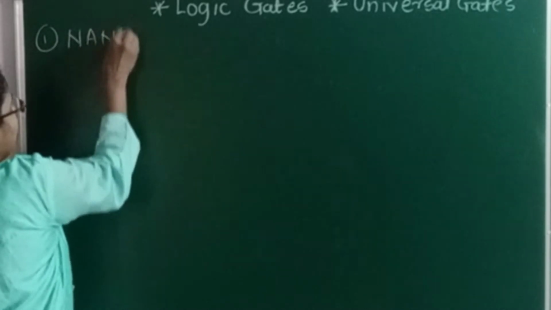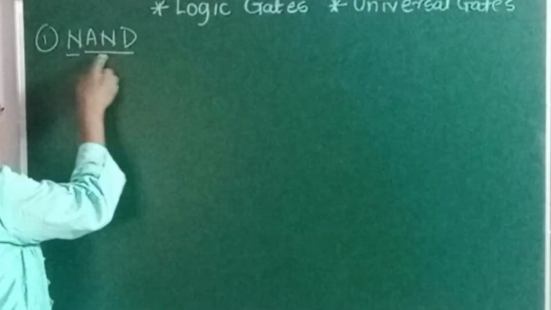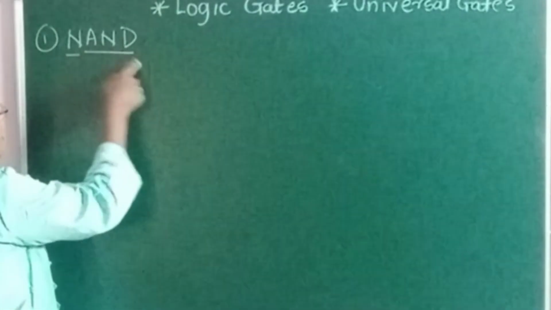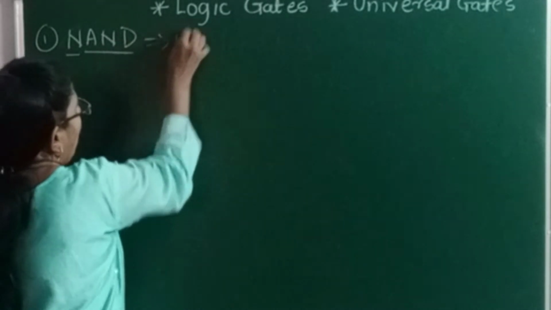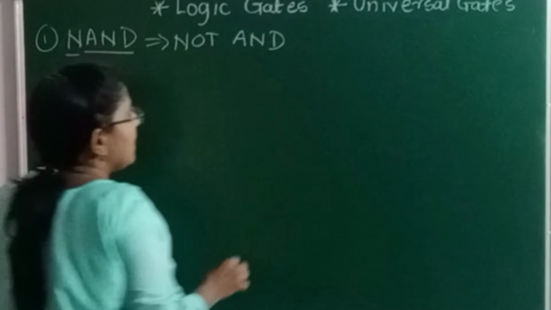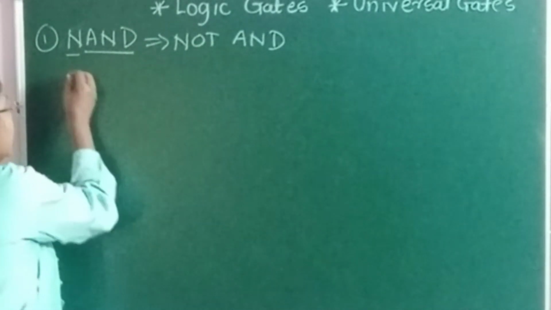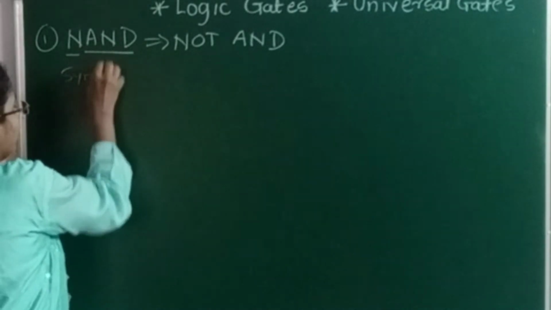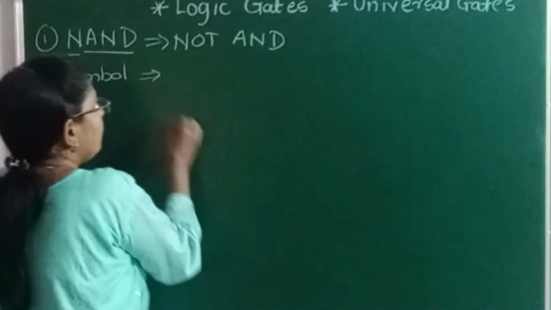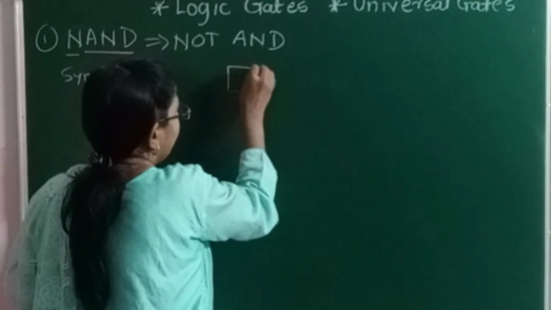Now you can see this NAND is the combination of NOT and AND. So this N stands for NOT and this is the AND gate. So NOT AND. This gate performs exactly the opposite operation of the AND gate. So what is the symbol of the NAND gate? First we have to draw the symbol of the AND.